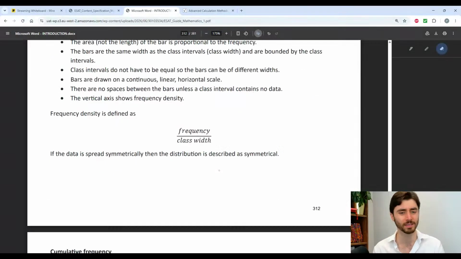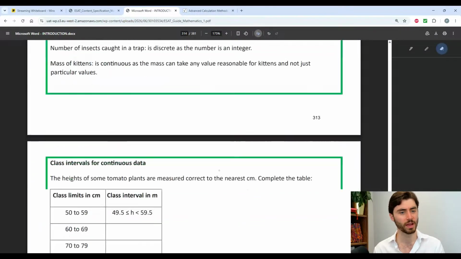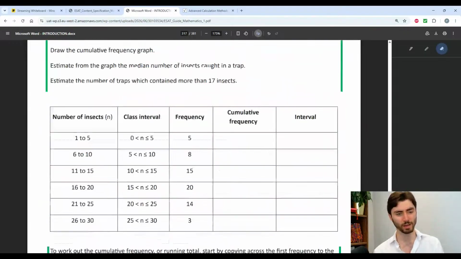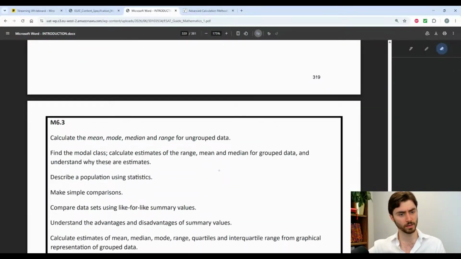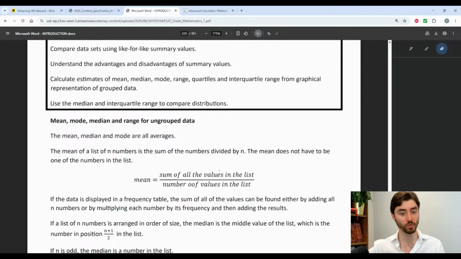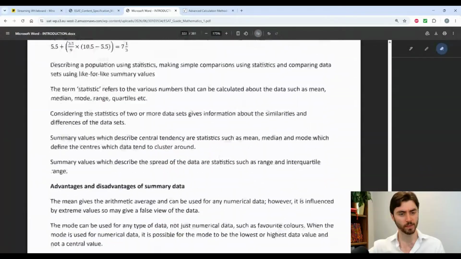I wouldn't expect a histogram or cumulative. I would not expect these. So I'm just going to deprioritize these. And so mean, median, and mode and range, I think you know, hopefully. So that's what's in there.